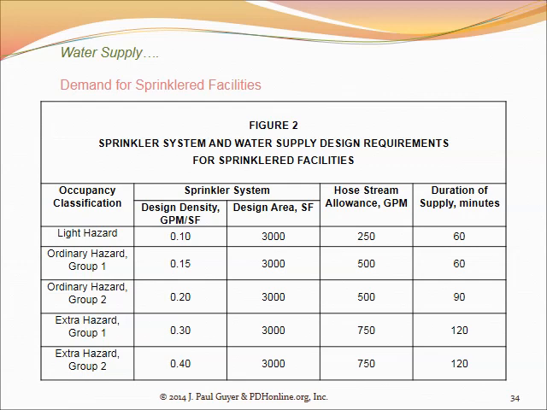And this is not that uncommon. It's particularly with warehouses. Warehouses are a particularly hazardous type of building because you typically have so much fuel in them, stuff that burns. So they can have a very high requirement for water for fire protection purposes.